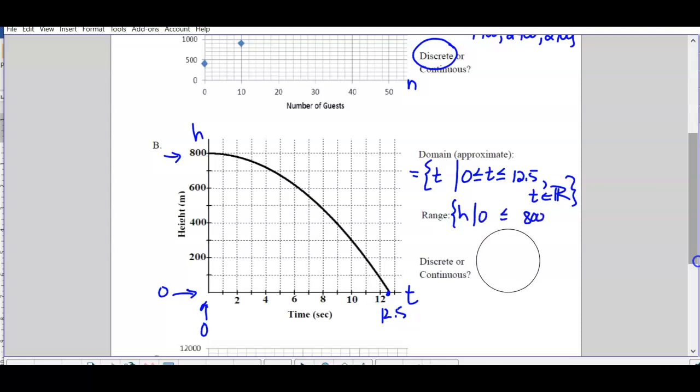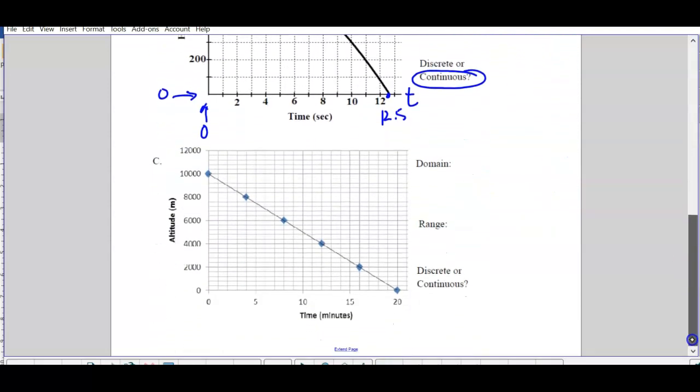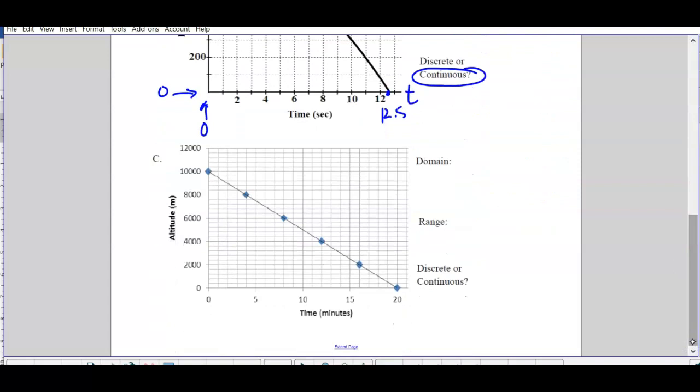And then I need to put the h in there, and h is an element of the set of reals. Okay, that's joined up, so that's continuous. And then the third one has points, but it's also joined up as well. And so time in minutes is horizontal, and altitude is vertical.